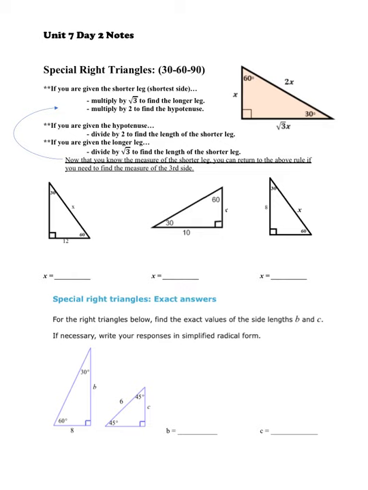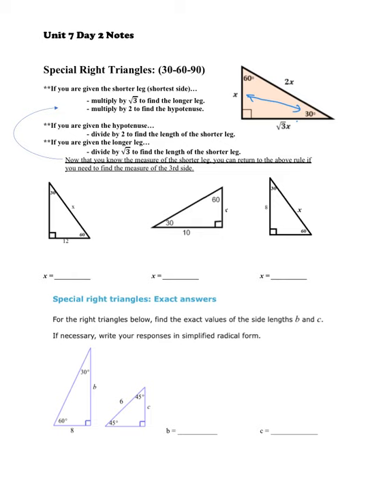So if you're given the hypotenuse, then you go the opposite way. You divide by 2 to find the shortest leg and divide by the square root of 3 to find the other leg. So let's see what we're given. We are given the shortest leg. How do I know that? The shortest leg is opposite the smallest angle.